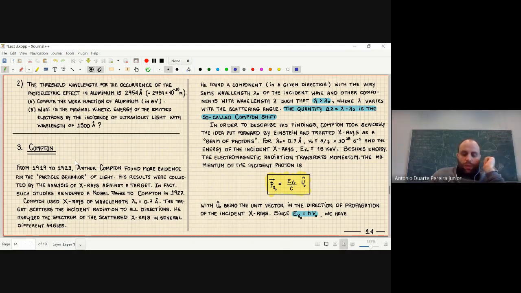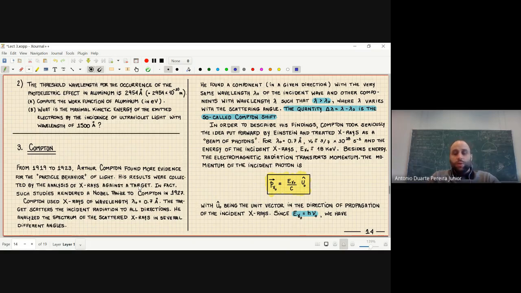And what he did was to throw X-rays. X-rays are just radiation, and he threw X-rays against a target. So there is a target made of some material that you know about, and I'm just throwing radiation to this material. And in fact, what happened was the following.